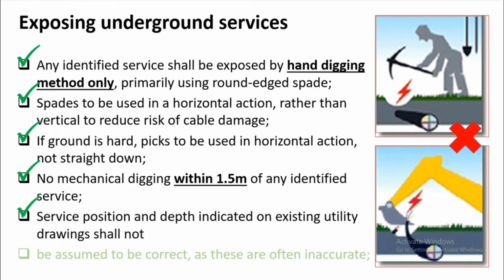Service positions and depth indicated on existing utility drawings shall not be assumed to be correct, as these are often inaccurate. In the drawing you can see the service position, and the depth is around 2 meters. So you are very confident to excavate within 2 meters and you will not hit the cable, but in reality, on site, sometimes the cable is 50 centimeters from the ground surface, and sometimes 1 meter.